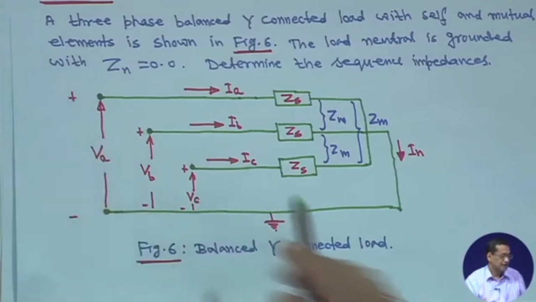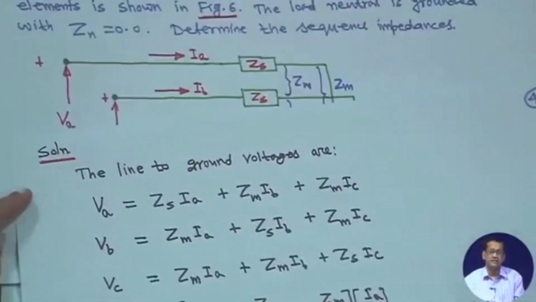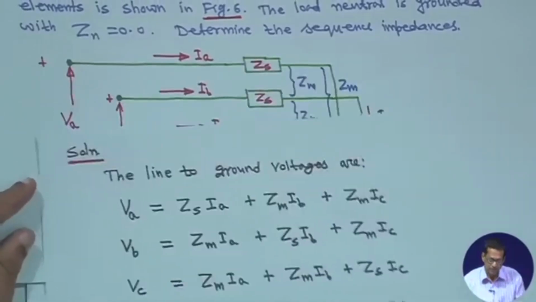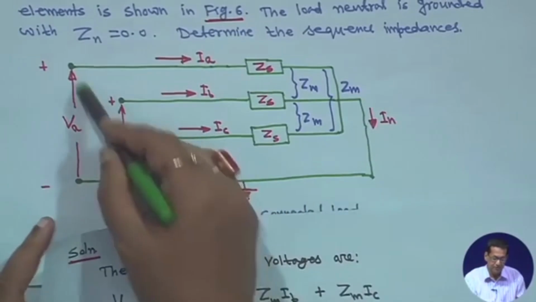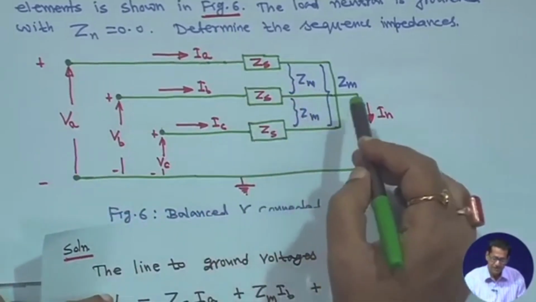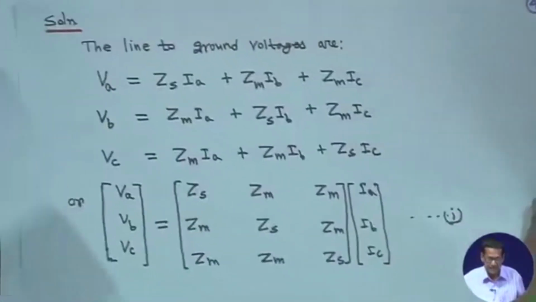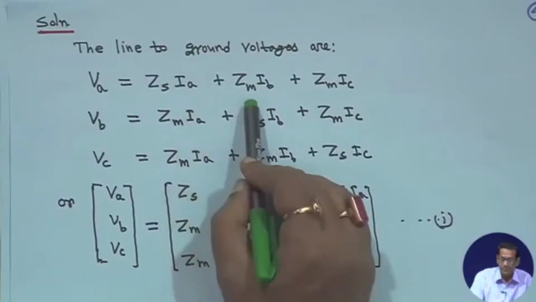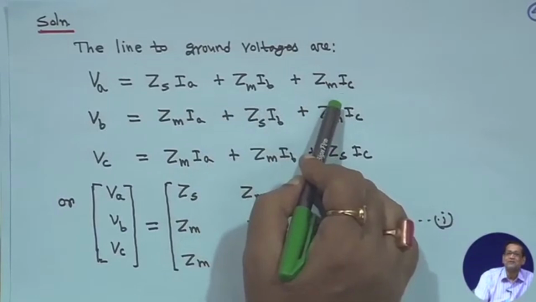So, the line to ground voltage, from your circuit theory, coupled circuits you have studied. The line to ground voltage VA will be equal to ZS IA plus Zm IB plus Zm IC, because the mutual inductance is given between the phases.